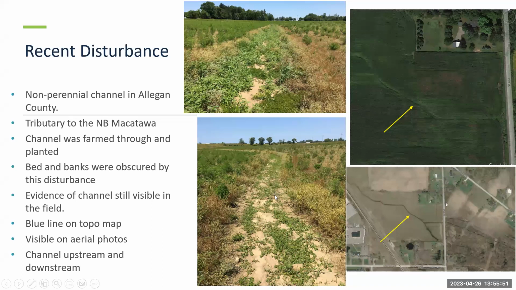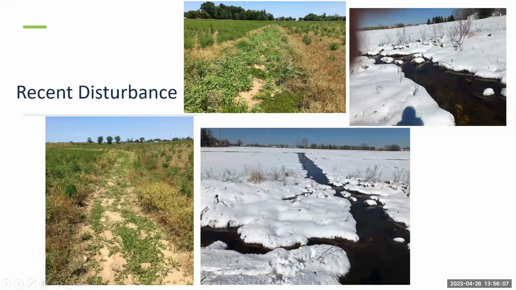But this is a blue line on a topo map. It's visible on some of the aerial photos. And if you look upstream from where this disturbance is happening, you will find a channel as well as downstream. And then these are some photos of those same sites at a time of year when there is water that you can actually see in this channel.